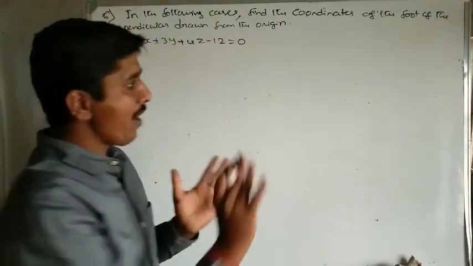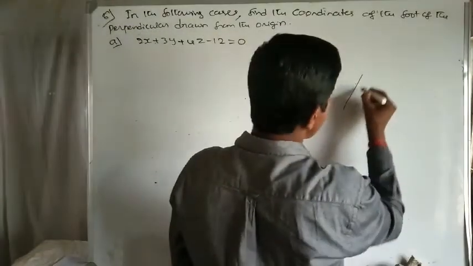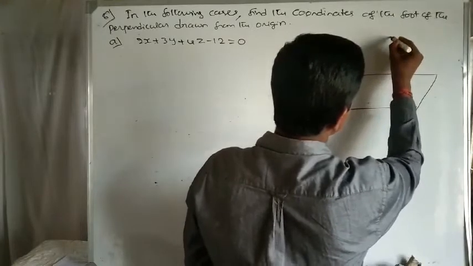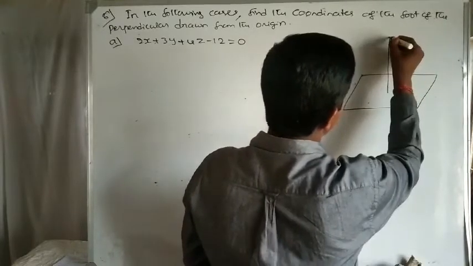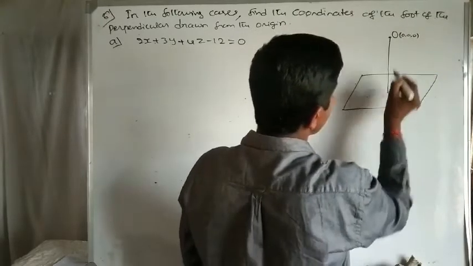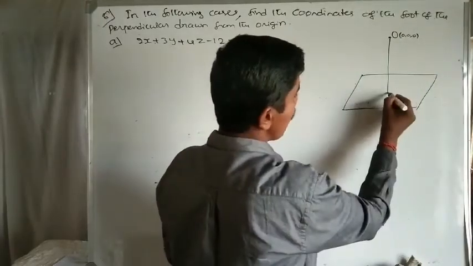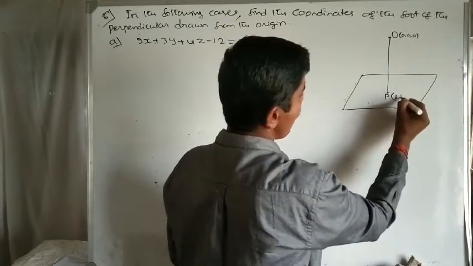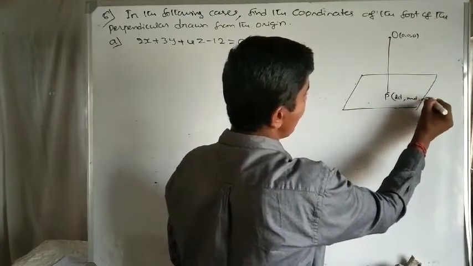I am drawing a rough figure here. This is the plane. Consider this is the origin. At the origin, all coordinates are 0, 0, 0. The foot of the perpendicular I am taking as point P, with coordinates lD, mD, nD.